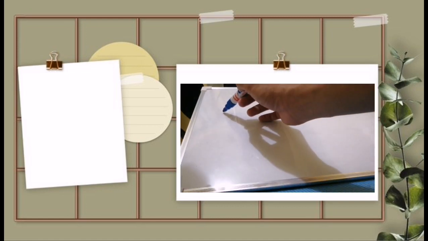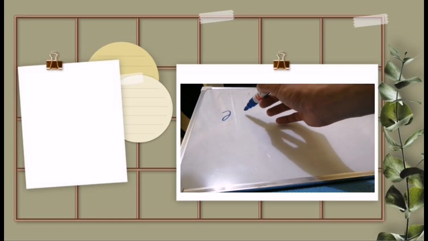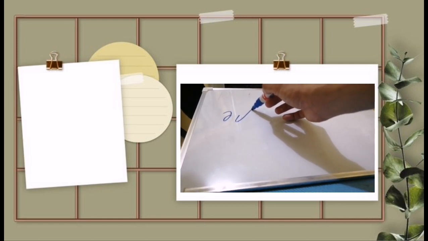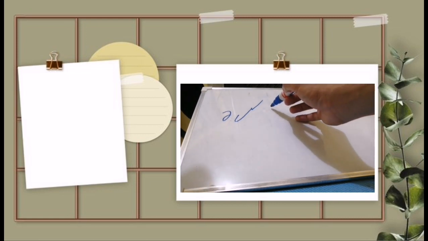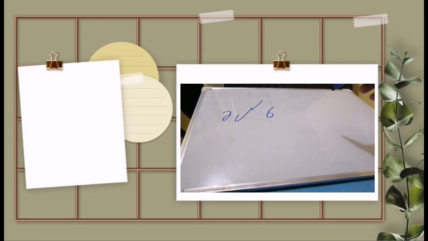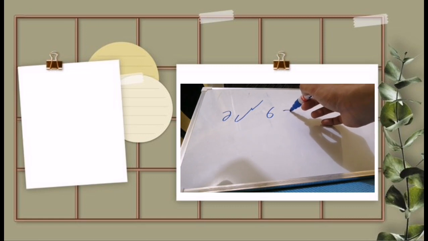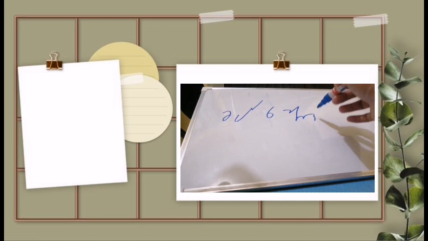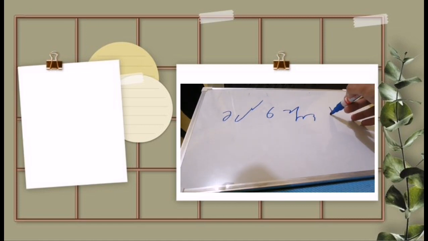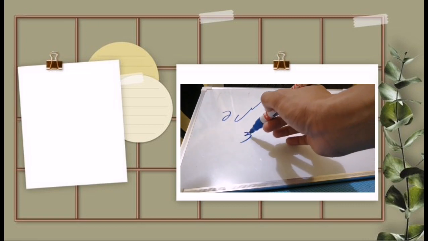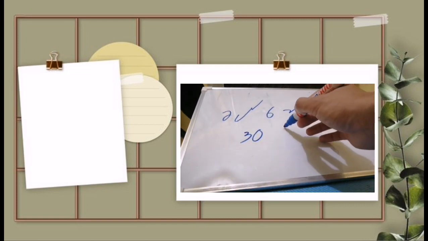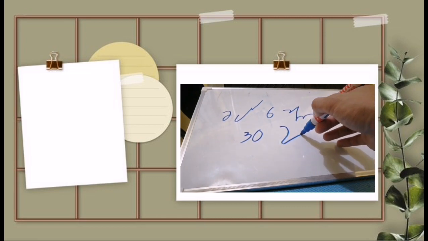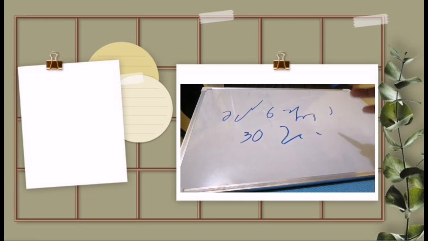So we write, we ordered, write the number 6 notebooks and write the number 30, the word envelopes, and don't forget the period. So read it as, we ordered 6 notebooks and 30 envelopes.